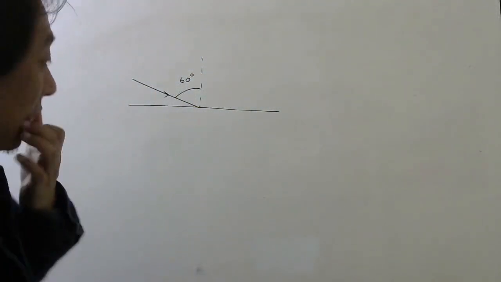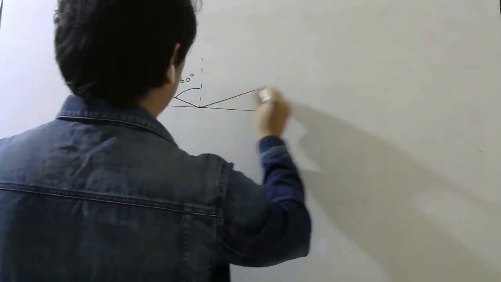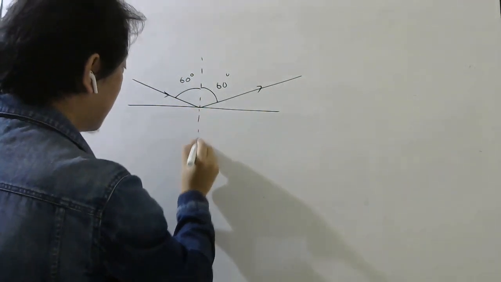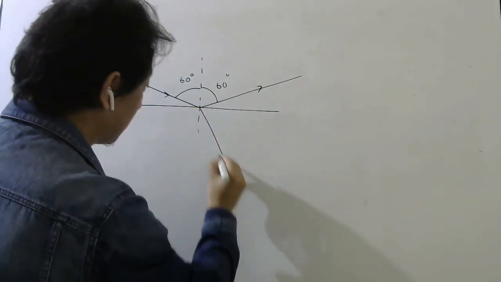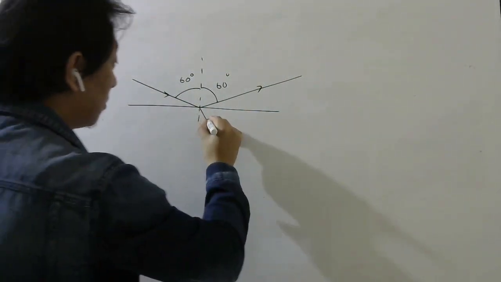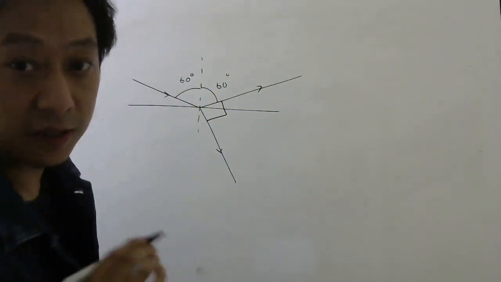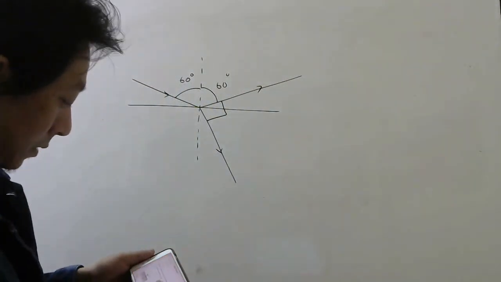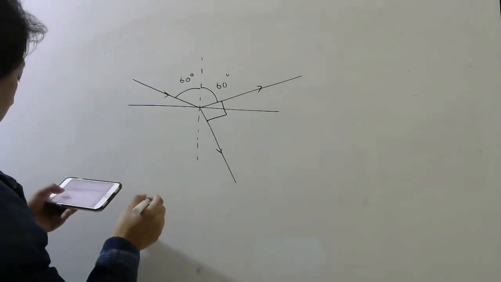They are saying the reflected ray will also be at 60 degree, right? And the refracted ray, going from rarer to denser, bends towards the normal, right? These two are mutually perpendicular in the question. So they want you to find what, students? The refractive index of the material.